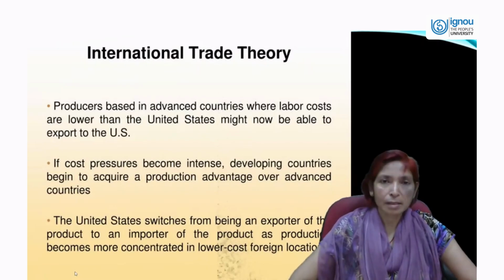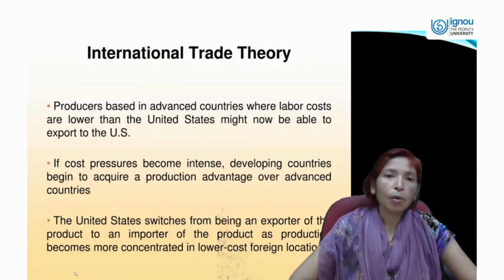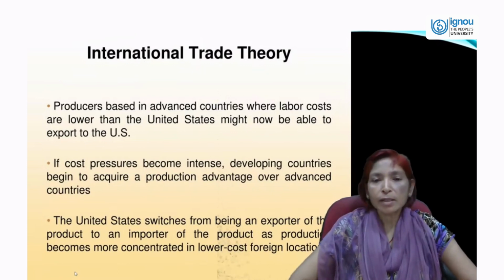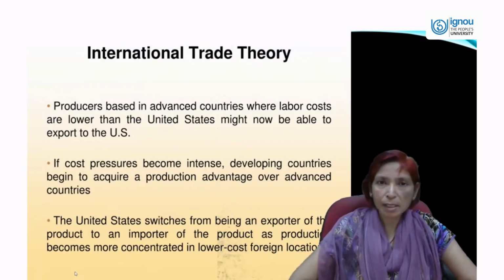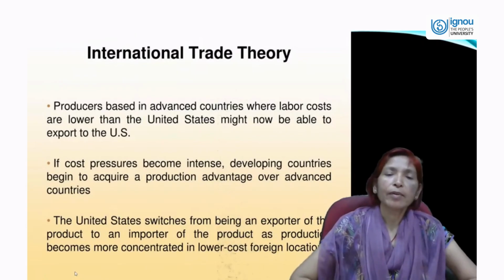Here, producers based in advanced countries where labor costs are lower than the United States might now be able to export to the US. We know that natural resources, human resources, and capital resources are not equally available in every country.